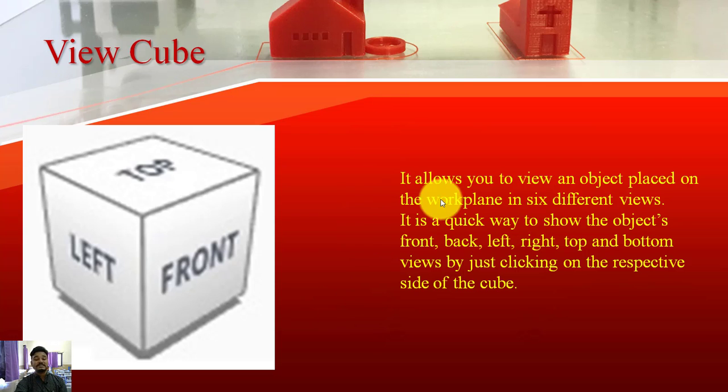So we have 6 different views: front, back, left, right, top and bottom. How the object will look from the top, how it will look from the bottom, how it is going to look from the left, right. So different respective views can be seen using that view cube option. Understood?